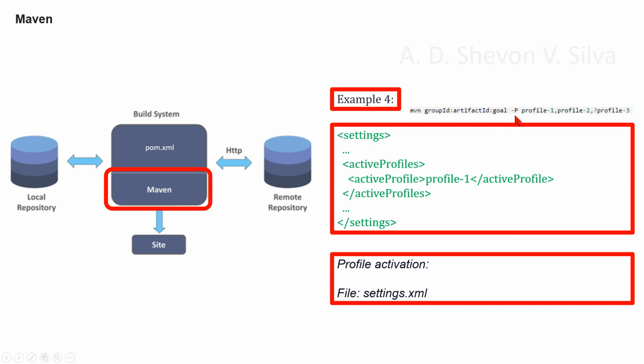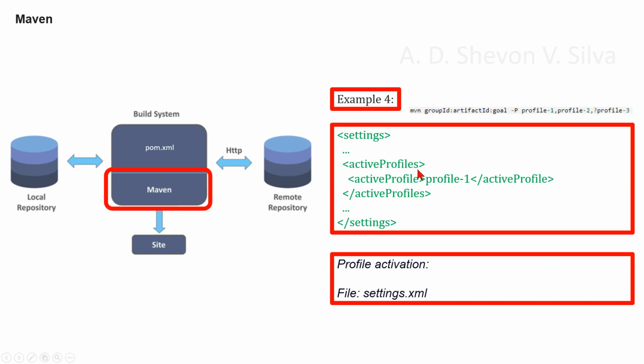This flag is followed by a comma-delimited list of profile IDs to use. Profiles specified in the option are activated in addition to any profiles which are activated by their activation configuration or the activeProfiles section in settings.xml.